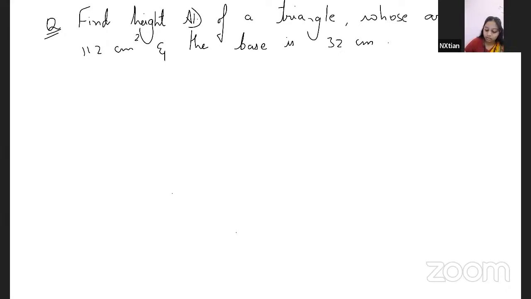So assume that the height is x. Now we will put the formula: area equals half into base into height.